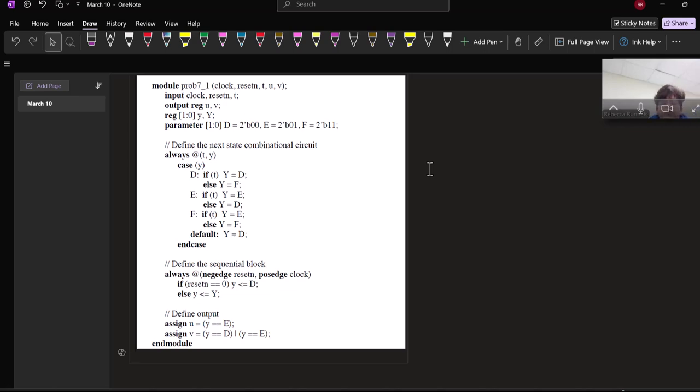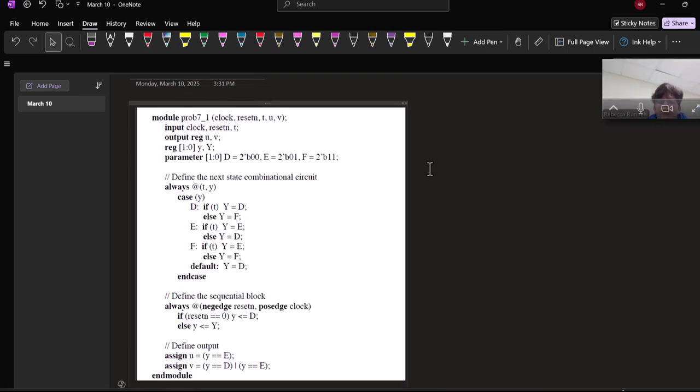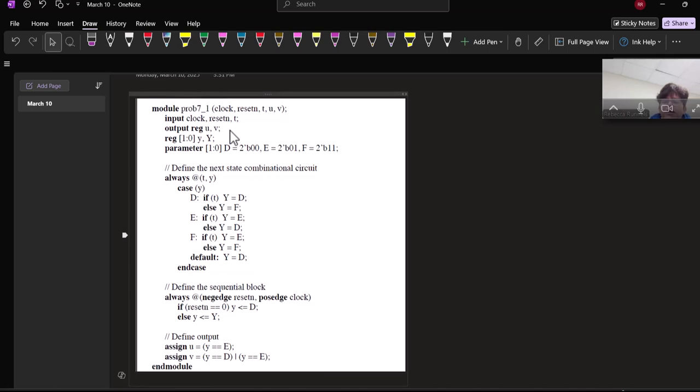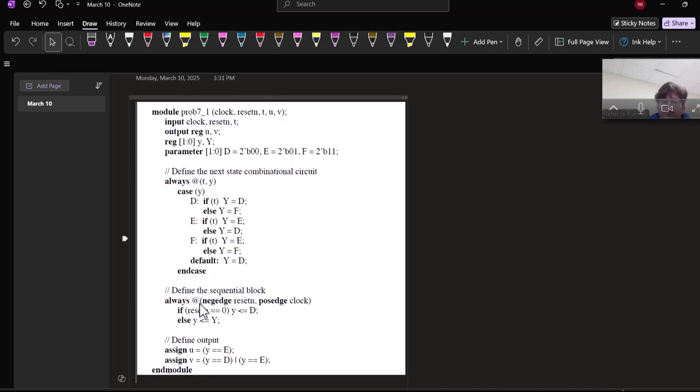If you look at this code, you see that it has a clock, because finite state machines rely on flip-flops. This one has a reset, reset in. You don't need to worry about that a whole lot. It just means it's a negative reset.